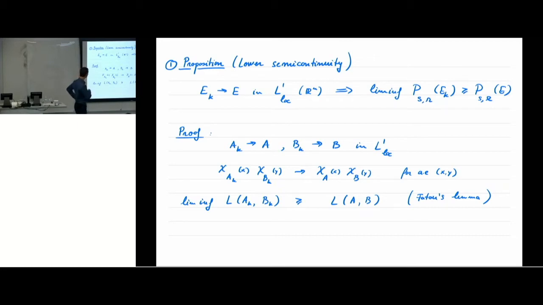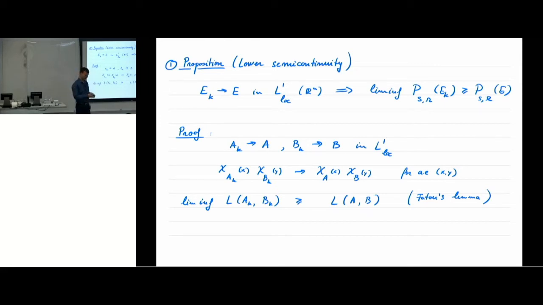So I'm thinking here, lower semi-continuity says that if I have some sets E_k that converge to a limiting set E in L1 loc of R^n, meaning that, okay, so when I look at the perimeter of a set E in omega, also the outside plays an important role. What happens with E outside of omega? Because I always have some interaction between x or y's that are inside omega with x and y's that are outside omega. So what the set E does outside omega, I can think is my boundary data.